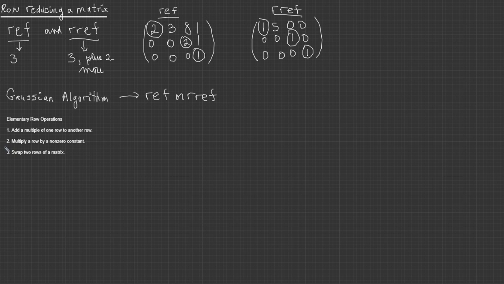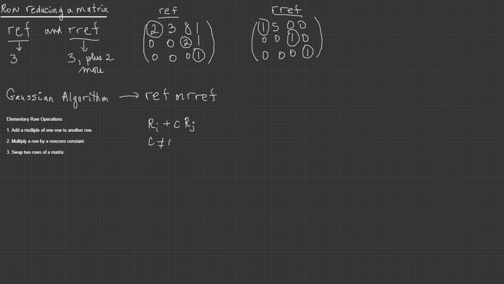So the first one we have is that we can add a multiple of one row of a matrix to another row of the matrix. So in notation, the way we would write this is, let's say we have a row i and a row j, and we wanted to add some multiple of row j to row i.